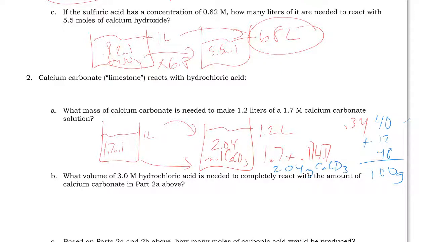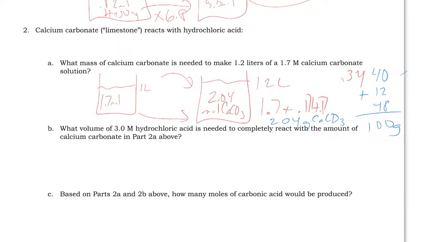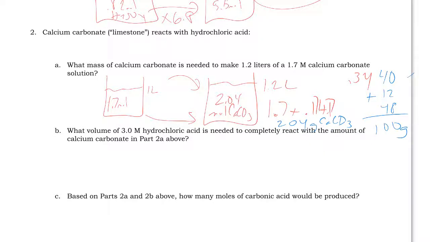What volume of 3 molar HCl is required to completely react with the amount of CaCO3 in part 2A? All right, well, let's take a look. We've got 3 molar HCl, and we need the balanced reaction first. So we've got CaCO3 plus HCl, and that gives us H2CO3 plus CaCl2. And we need a 2 there.